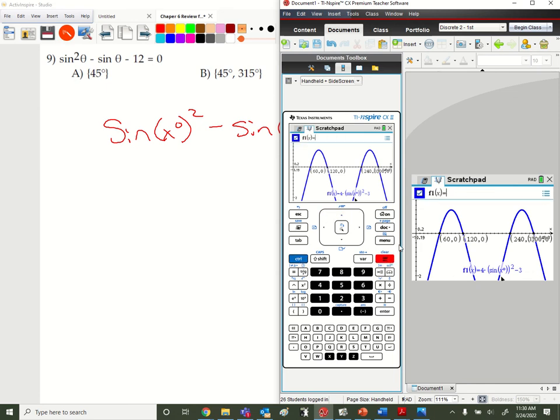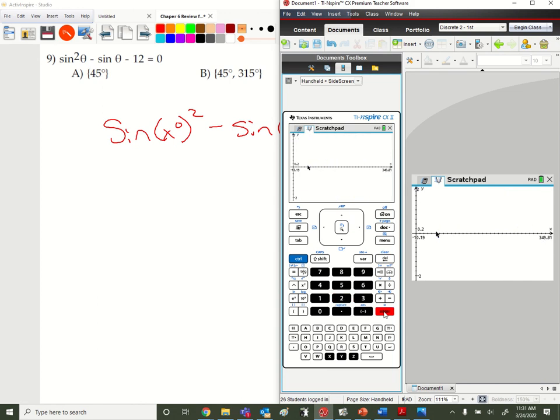Control delete, I can clear that whole thing. So it goes sine x degrees close squared minus sine x degrees close minus 12. Hit enter.